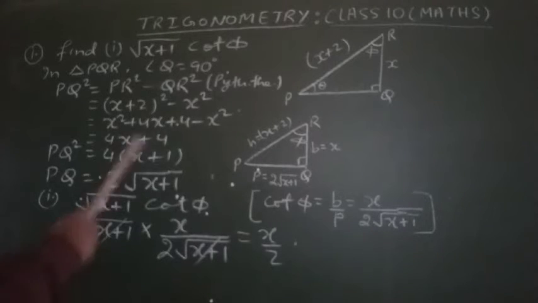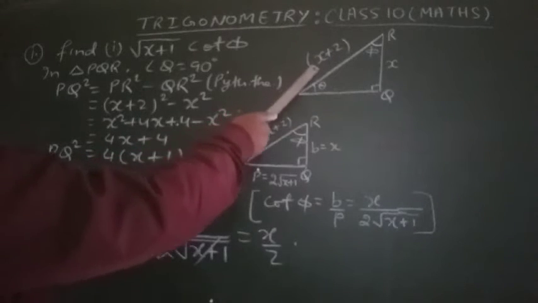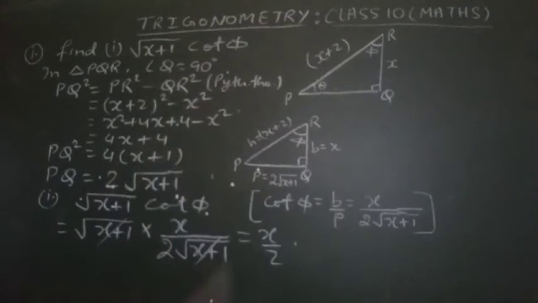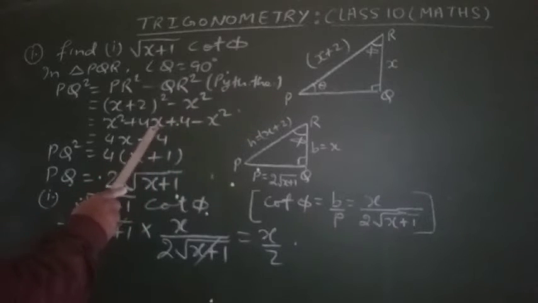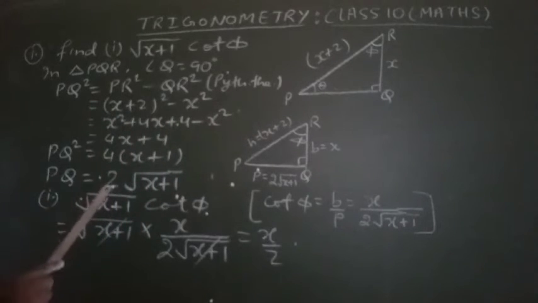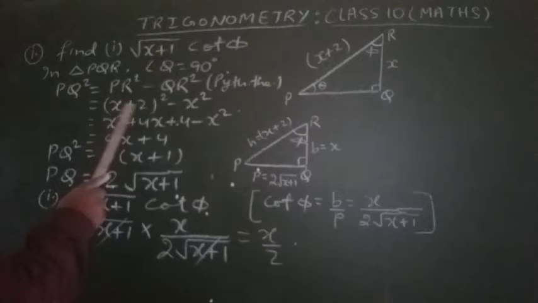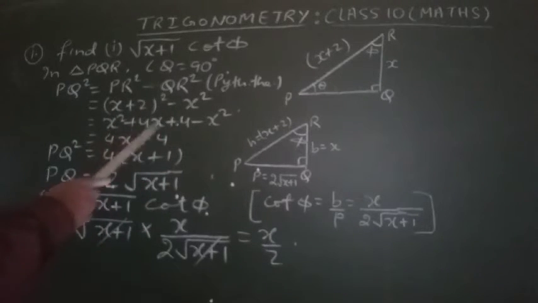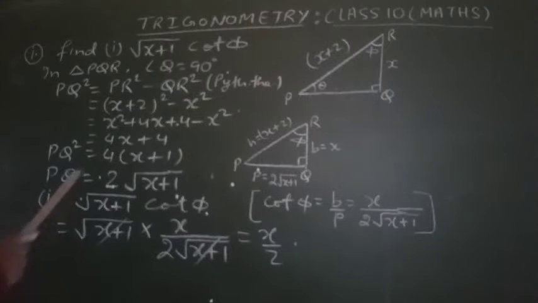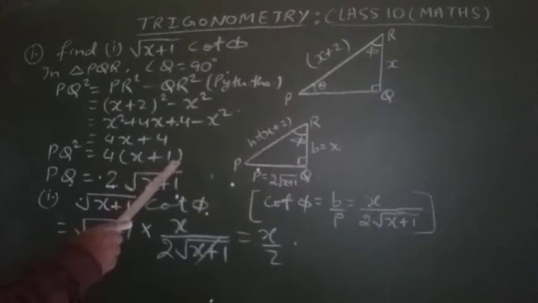So PQ square equals PR square minus QR square. PR value is x plus 2 whole square minus x square. Using the formula of a plus b whole square, a square, b square, 2ab, minus x square cancels, 4x plus 4. So PQ square is equal to 4 into x plus 1.